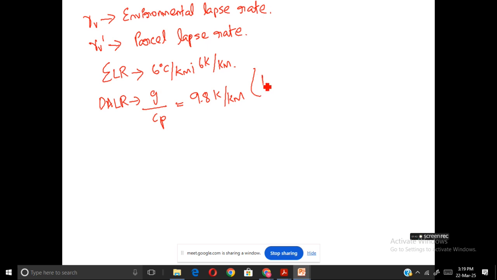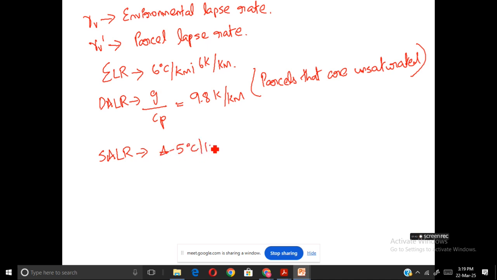This was derived for parcels that are unsaturated. Then we also learned the saturated adiabatic lapse rate, with a value of around 4 to 5 Kelvin per kilometer. This is the lapse rate of the parcel when it becomes saturated.